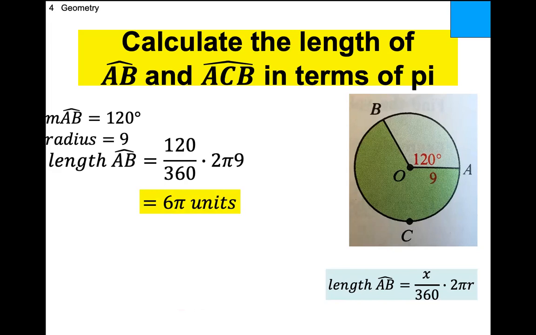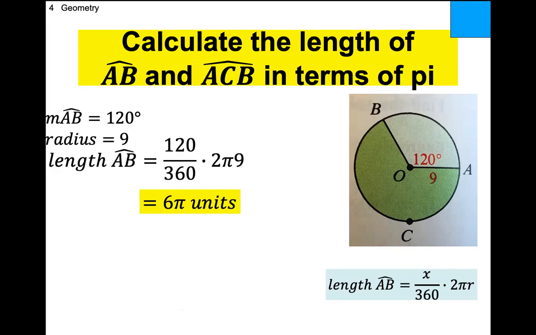So if we were to do this with a calculator, ignore the pi, because we're leaving it in terms of pi, multiply straight across, and divide by 360. All right, try it. What do you get? You can do 120 times 2 times 9 in your head?